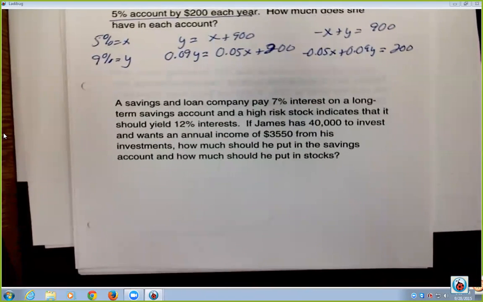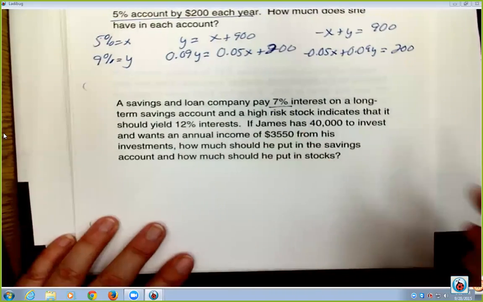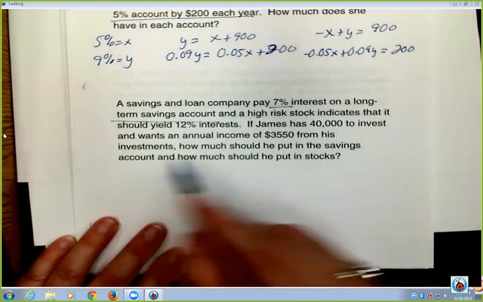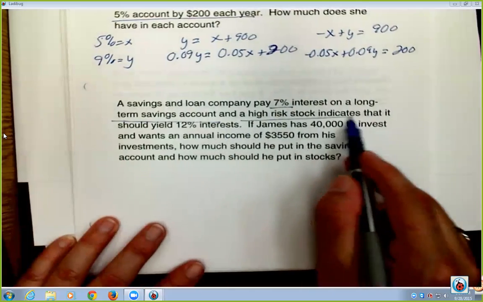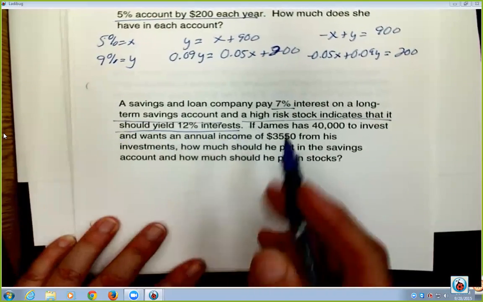Next one down. It says a savings and loan company pays 7% interest on a long-term savings account, and a high-risk stock indicates that it should yield 12%.